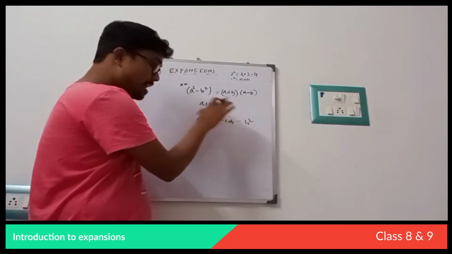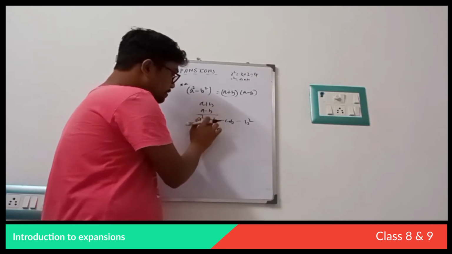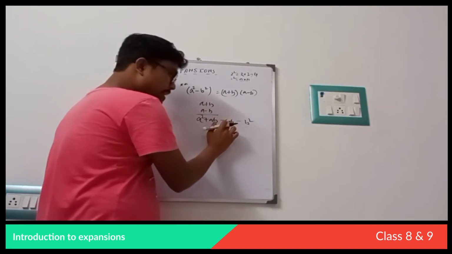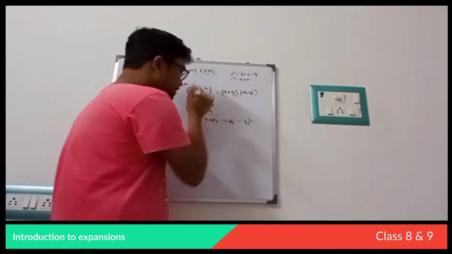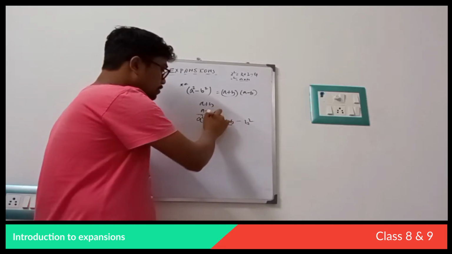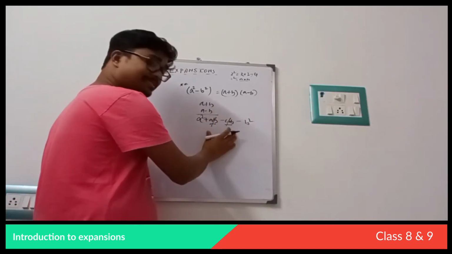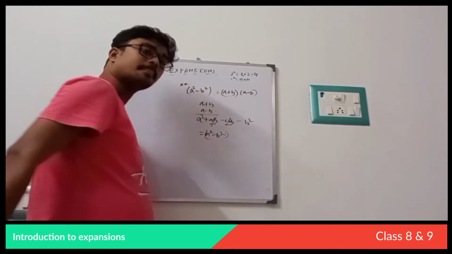So a into a equals a square, plus a into plus b equals ab, minus a into plus a, minus ab, minus into plus equals minus b square. Now this ab and this ab are the same and opposite in magnitude. ab cancel out each other, we get a square minus b square.